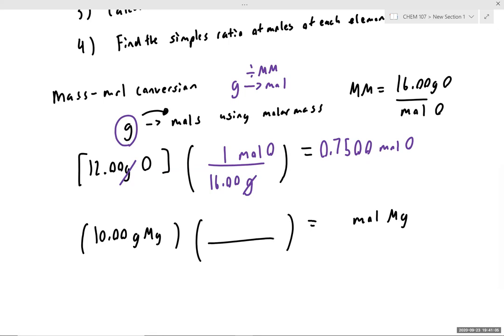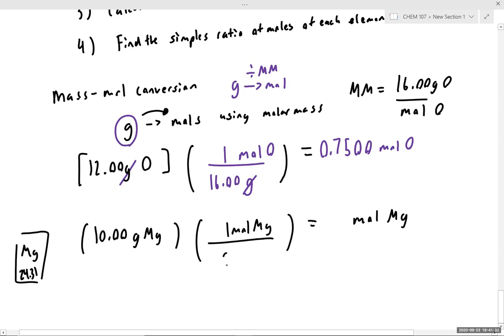What molar mass do we use for magnesium? 24.31 grams per mole, exactly right. And just like before, we put moles on top and we put grams on the bottom.